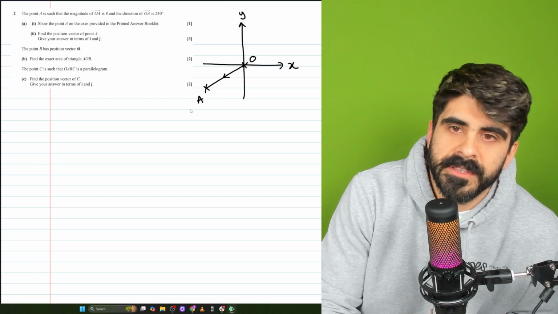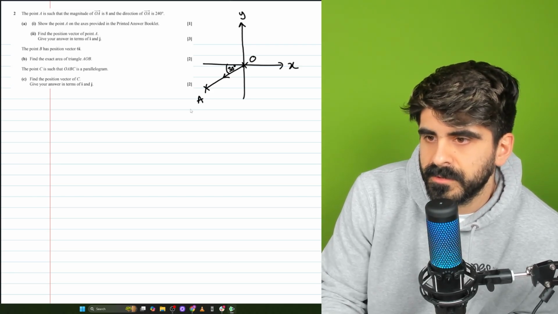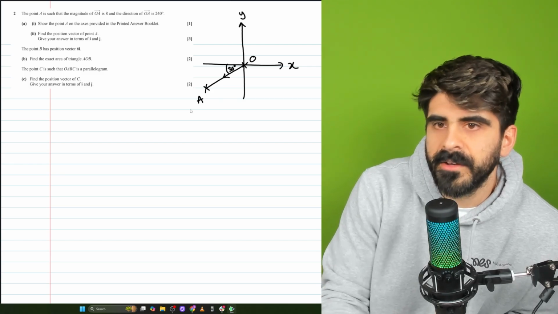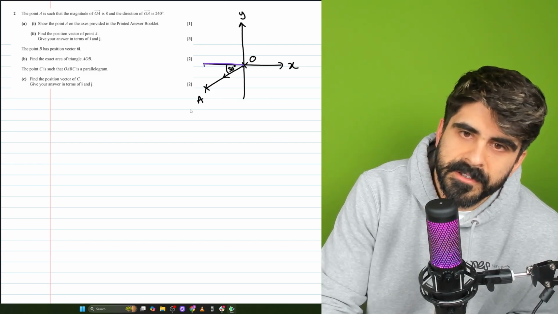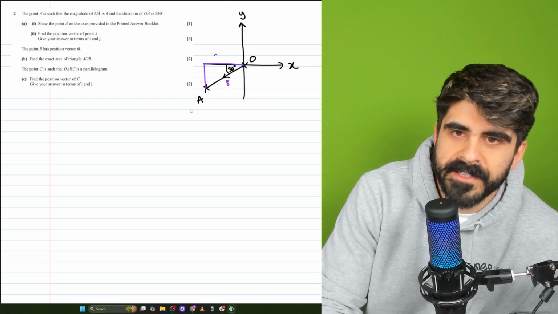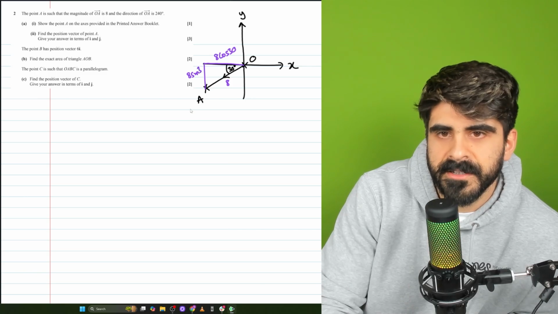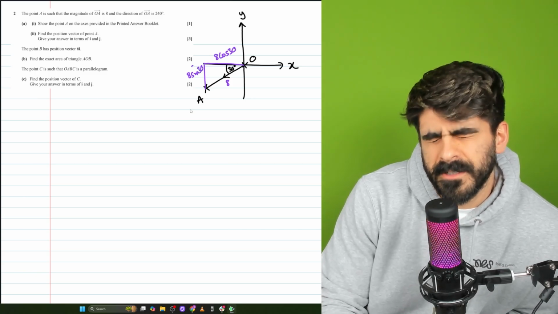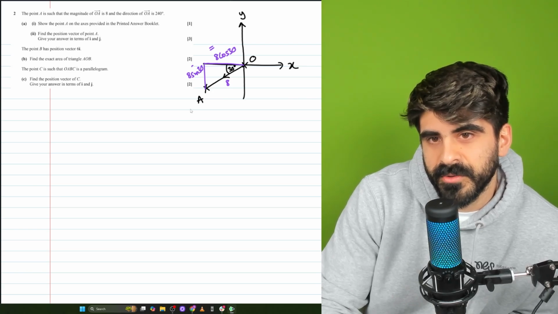Alright, so this would be 30 degrees. So we're doing some resolving. That's 8. This is going to be 8 cos 30, and 8 sin 30. Cos 30 is root 3 over 2, and sin 30 is a half.